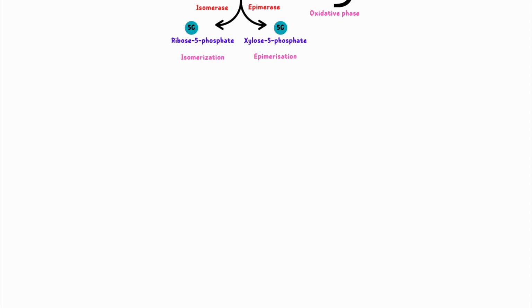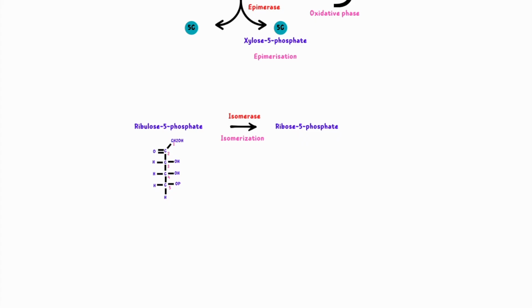Let us understand this reaction in a little detail. The ribulose 5-phosphate, which is a 5-carbon compound, isomerizes with the help of the isomerase enzyme and converts into ribose 5-phosphate. The isomerization happens at carbon number 3.